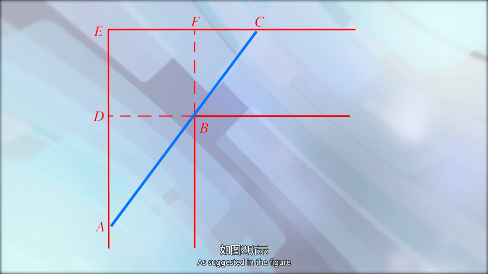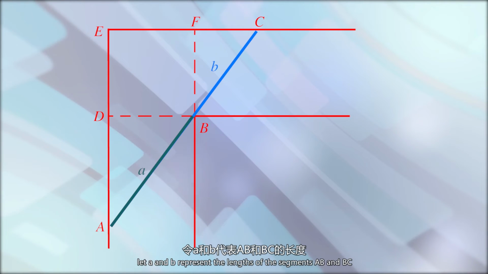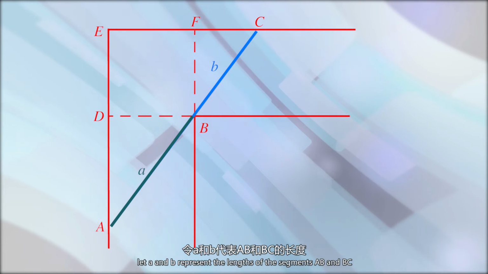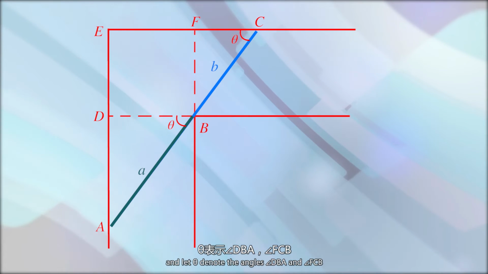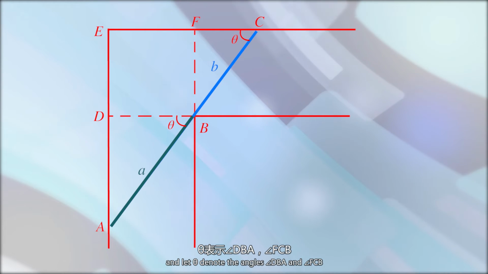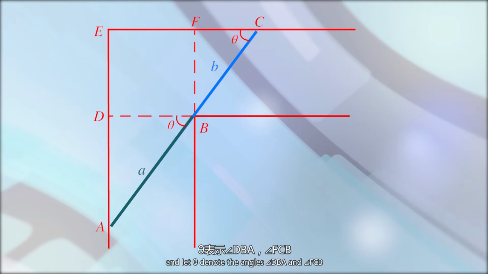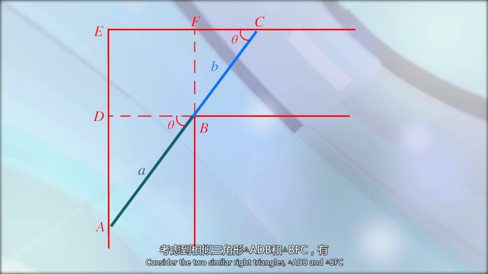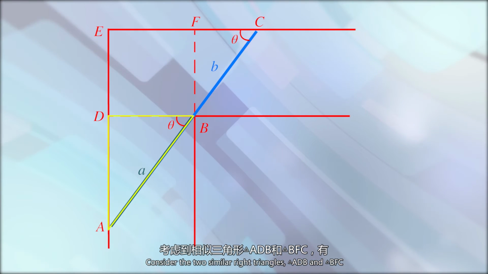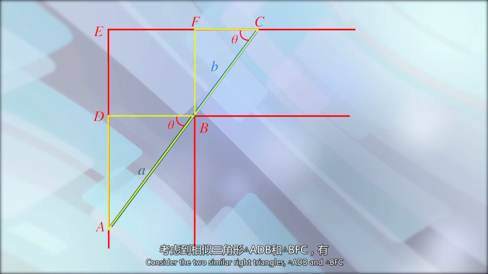As suggested in the figure, let A and B represent the lengths of the segments AB and BC, and let theta denote the angles DBA and FCB. Consider the two similar right triangles, triangle ADB and triangle BFC.